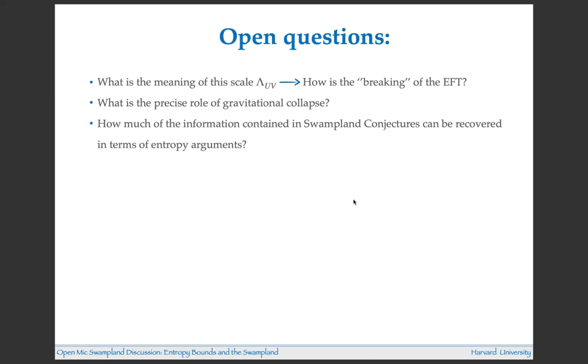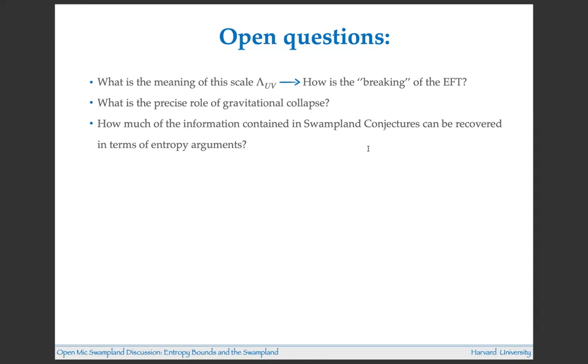So is there any universal, model-independent way in which the effective field theory is broken? In particular, in this context, what's the role of gravitational collapse, which is important because this basically amounts to applying this, instead of the covariant entropy bound, to the CKN bound that we were just discussing.